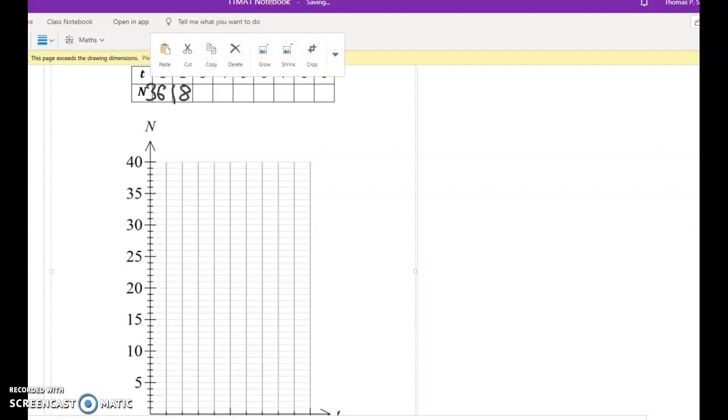We get 3 in, we get 12. 4, 9. This is where it starts to get not as nice.